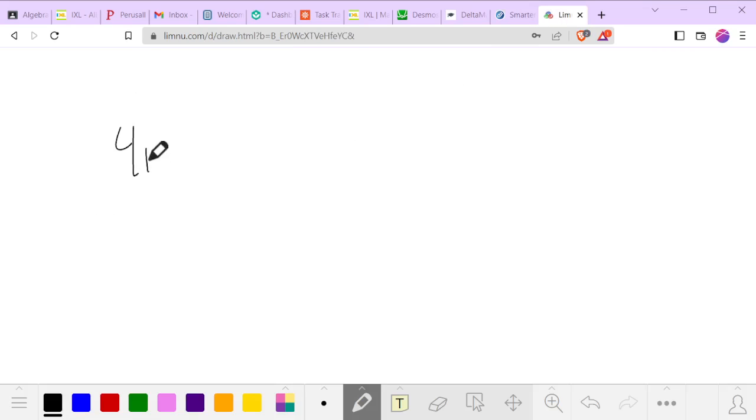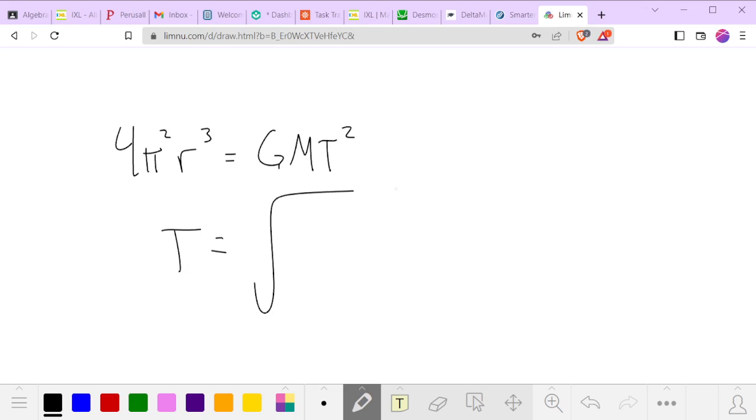So it's that same formula that we derived above. Once we derive it, we can just use it as is. So the period is again the square root of 4 pi squared r cubed over GM.